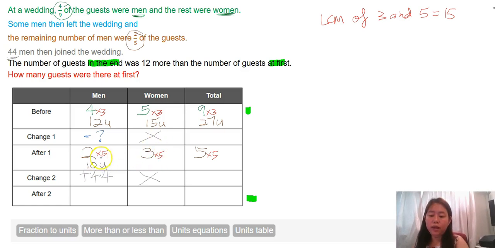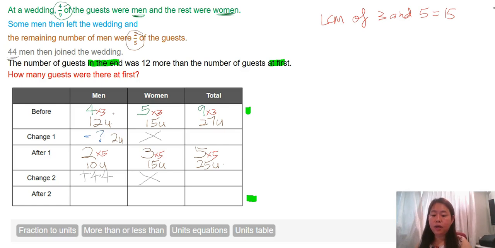Okay, the number of women at the after one is actually 15 units. Total is actually 25 units. So we can also see from this that there was a minus 2 units, because 12 units minus 10 units is 2 units. So we know 2 units of men has left the party.